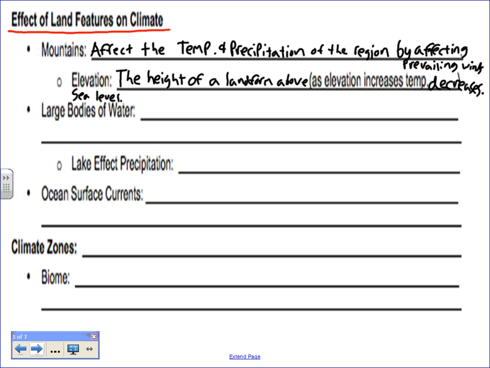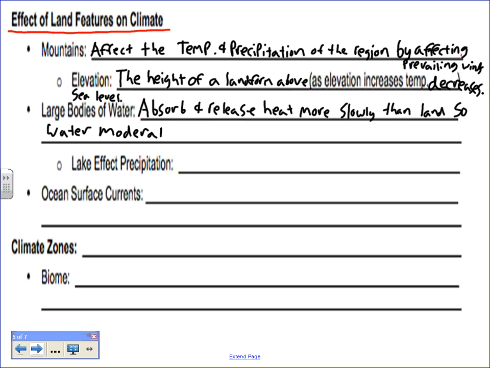So large bodies of water. Okay. Now we're going to look at large bodies of water. And large bodies of water absorb and release heat more slowly than land. So water is the one that moderates the climate.